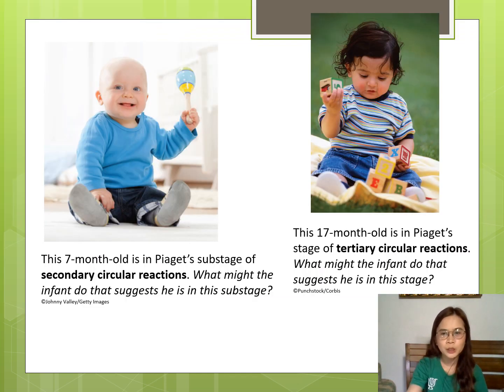Okay, so dito sa picture, makikita natin yung dalawang bata, no, na nasa magkaibang stage or substage sa sensory motor stage of cognitive development, Piaget. So, this 7-month-old is in Piaget's substage of secondary circular reactions. So, ano kayang sinasuggest, no, ng substage na to?